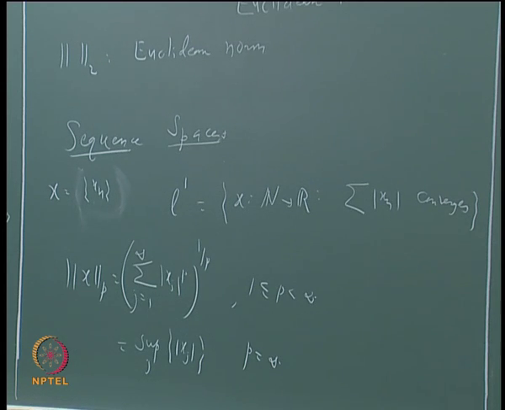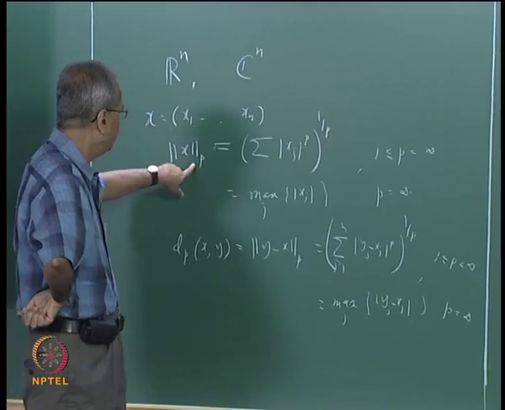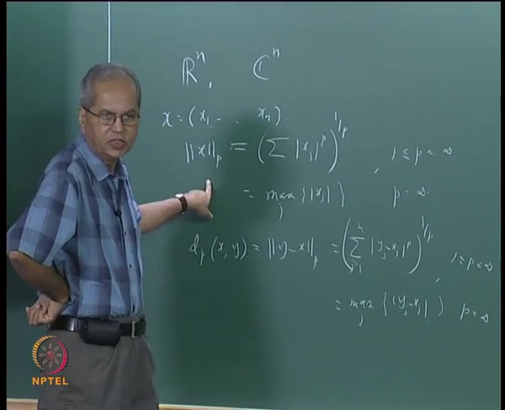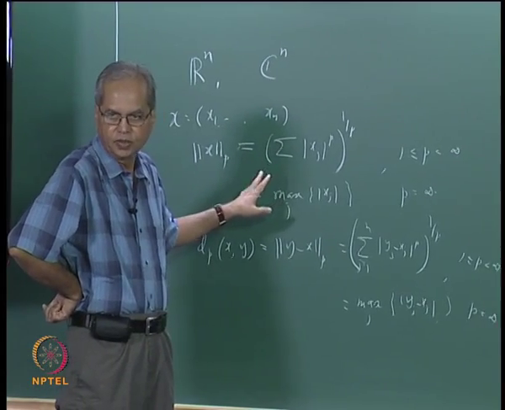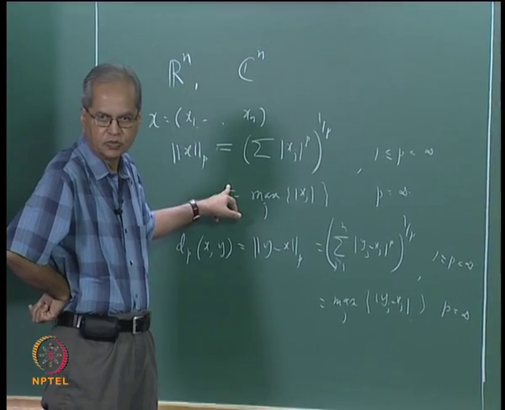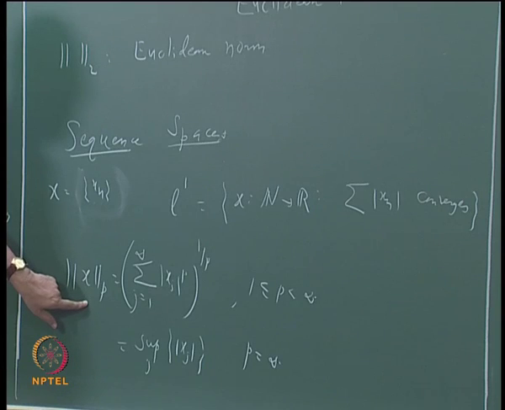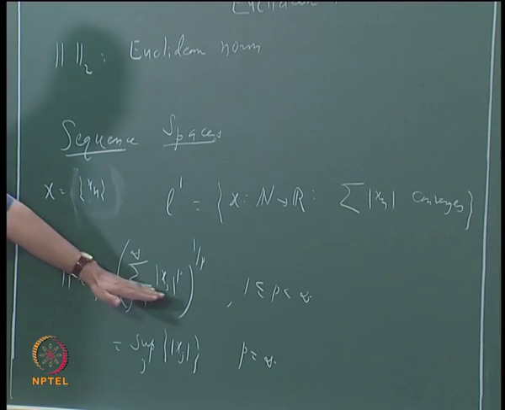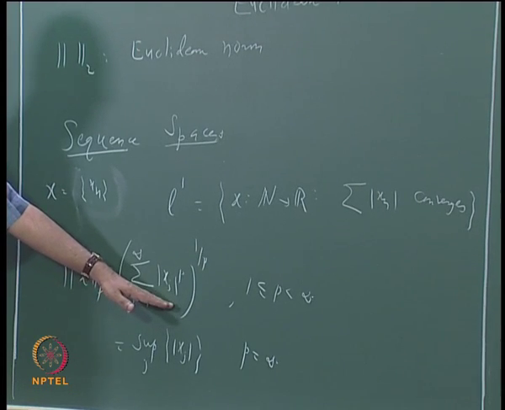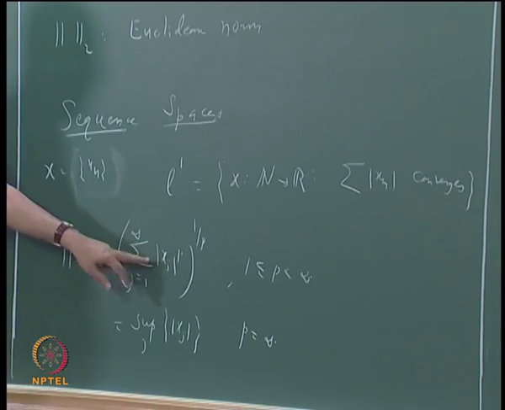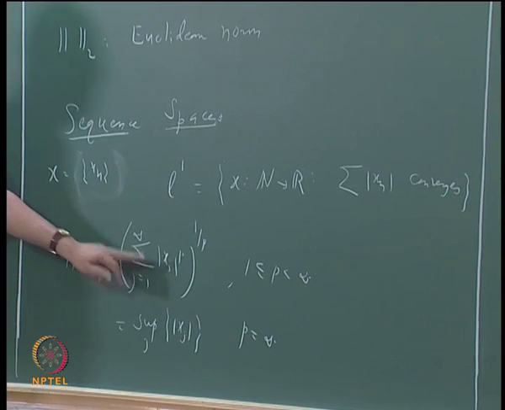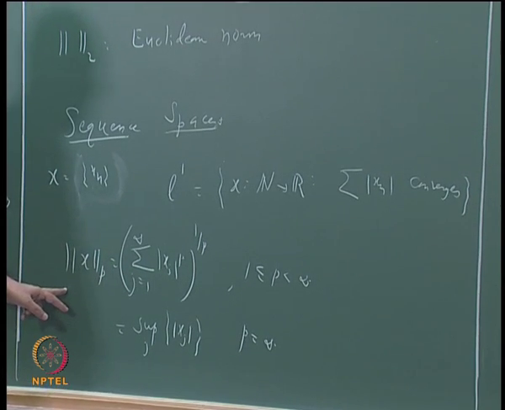There is one more difference. This norm suffix p as defined here on Rn is defined for every x, but this norm suffix p as defined here is not defined for every sequence x. It is defined only if this is a convergent series, if sigma mod xj to the power p is a convergent series, then only we can talk of the norm x suffix p.